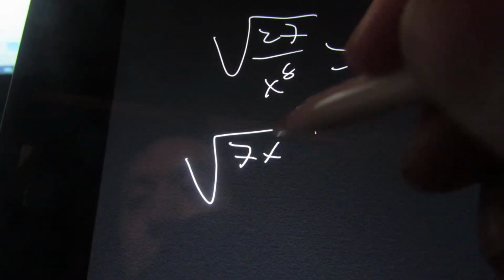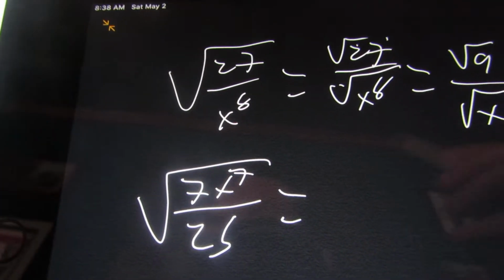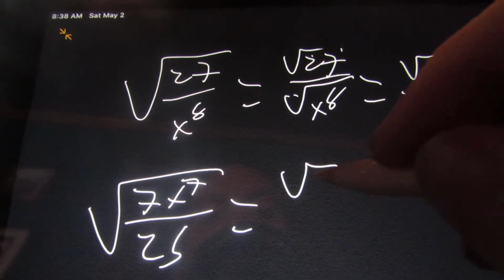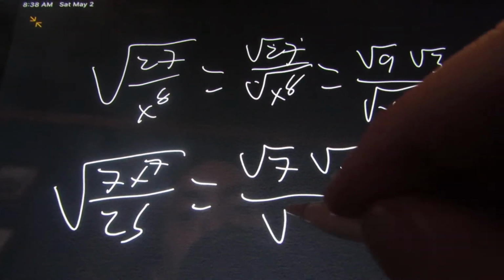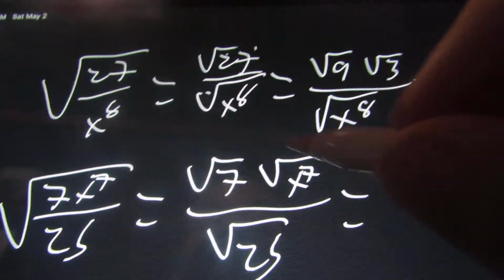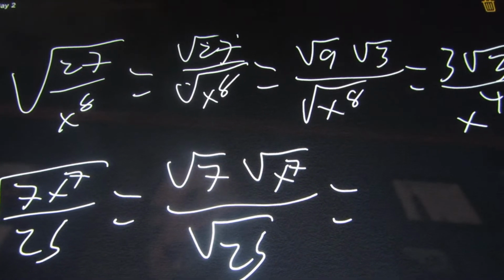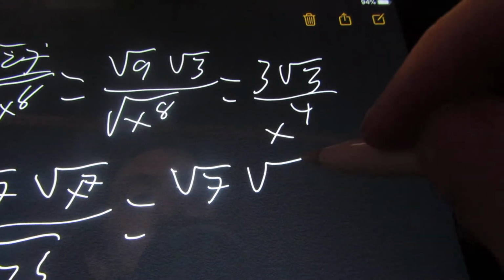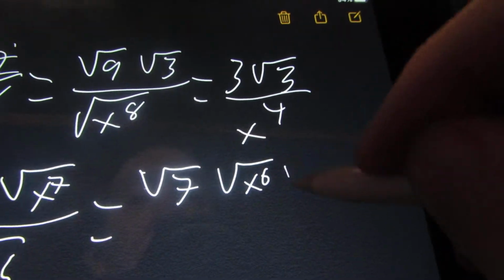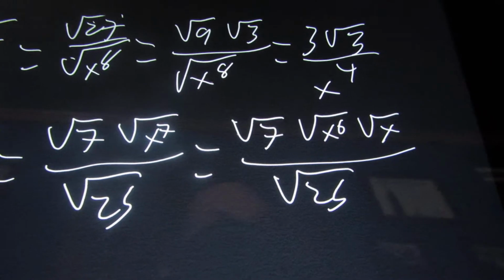Then let's say that we have the square root of 7x to the 7 over 25. So I'm going to break this up to be the square root of 7 times the square root of x to the 7 over the square root of 25. I can't do anything with the square root of 7, but the square root of x to the 7 I can break up. So I now have the square root of 7 times the square root of x to the 6 times the square root of x, all over the square root of 25.